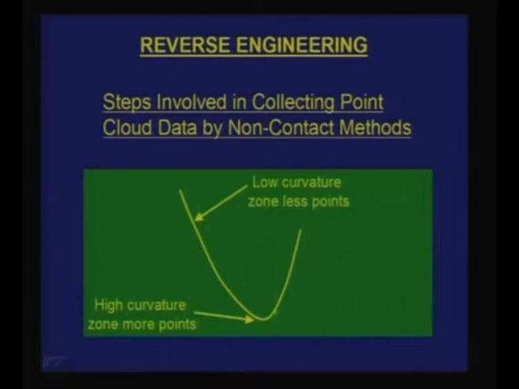So as you are scanning, you are also trying to find out how the curvature is varying. If you have reached a zone where there is high curvature, you try to automatically increase the density of points in that particular region. This can be a part of the software which is actually driving the scanner to collect the data points.